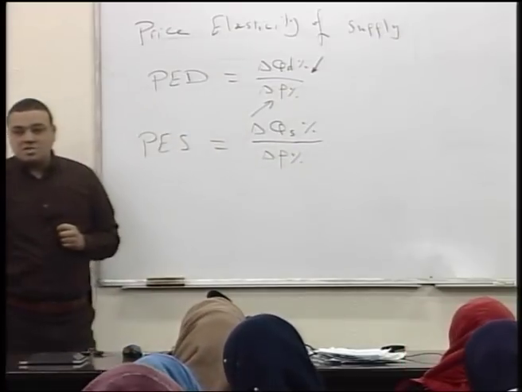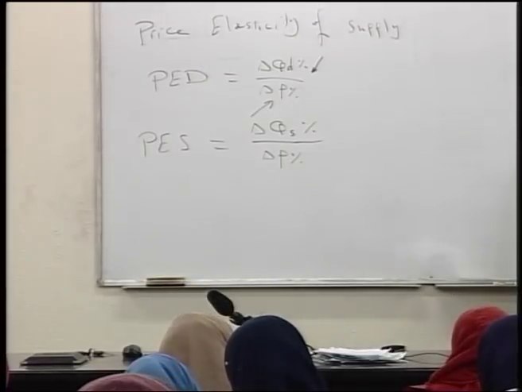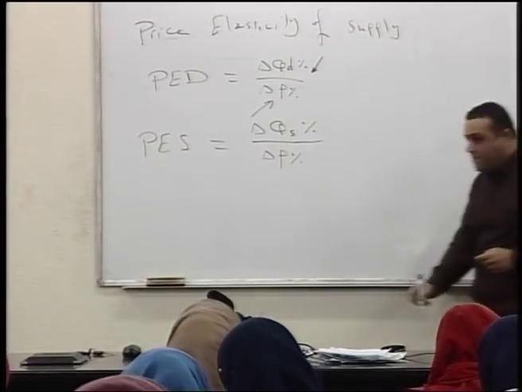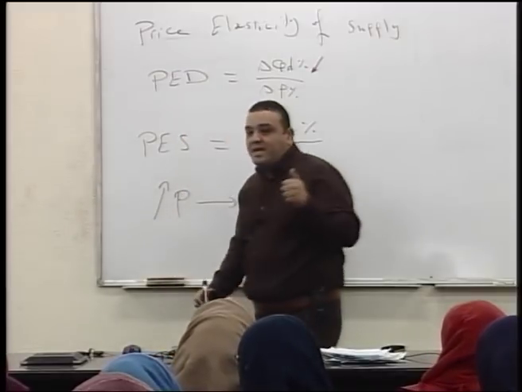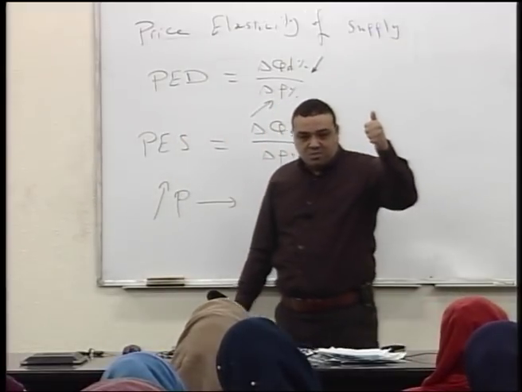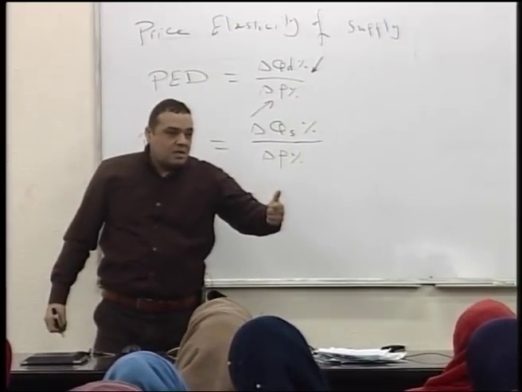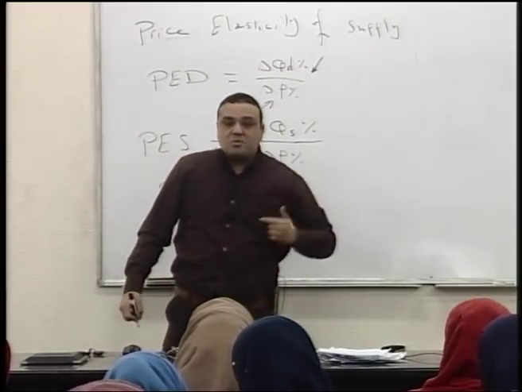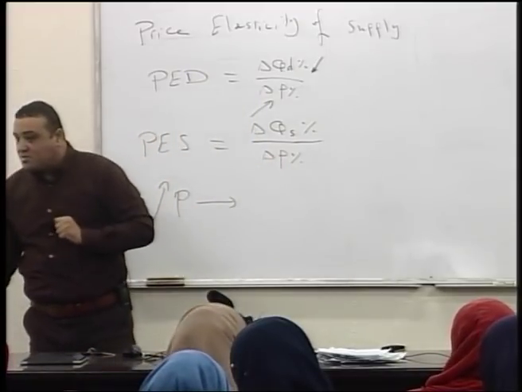The general supply theory says that as the price goes up, this will encourage the producers to produce more because they can generate more profits, so the quantity supplied goes up.